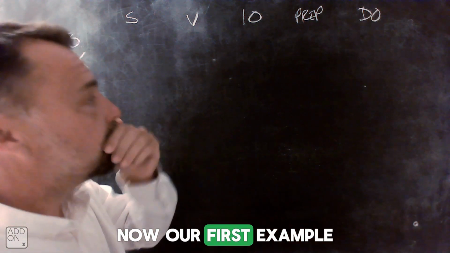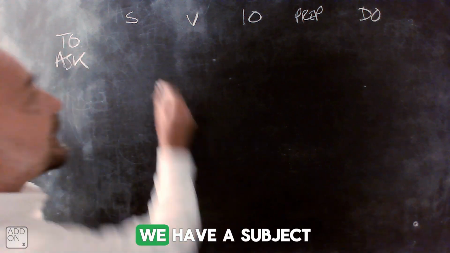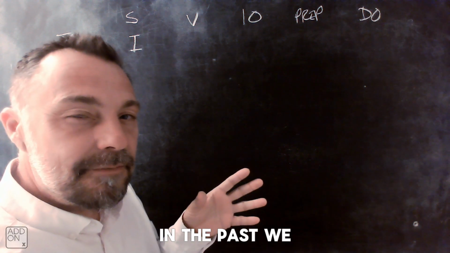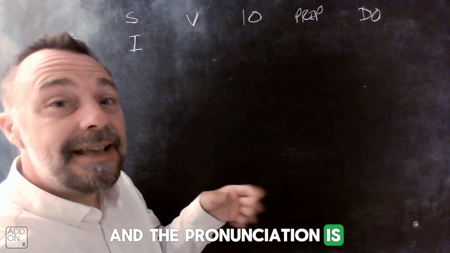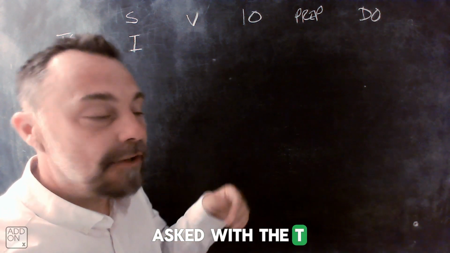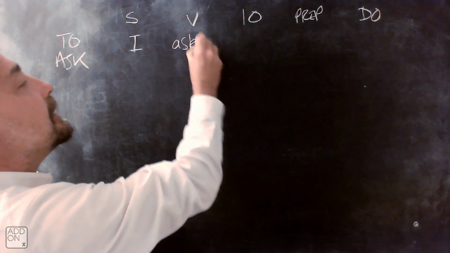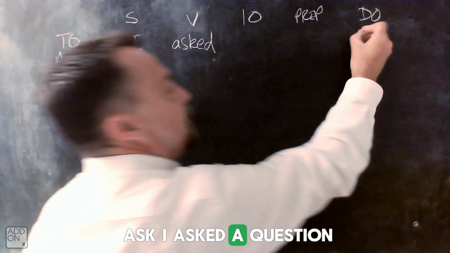Now, our first example of ask is a simple structure. We have a subject, I. Ask in the past, we put the ed, and the pronunciation is asked with the T sound, asked. So I asked. Now, what did I ask? I asked a question.